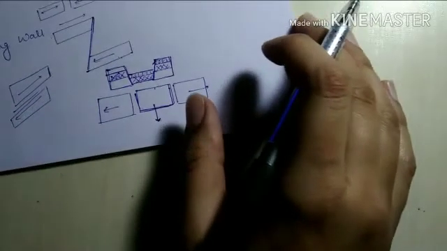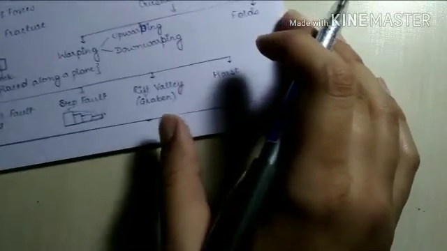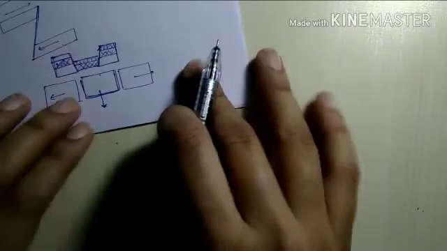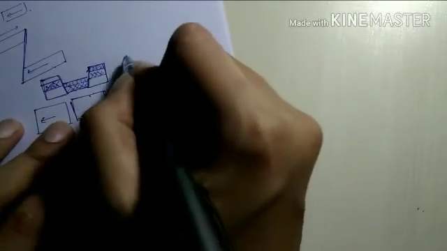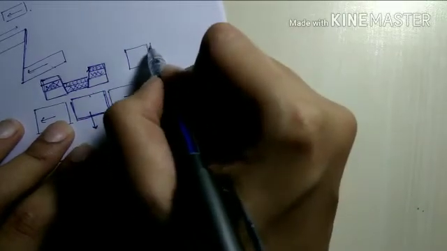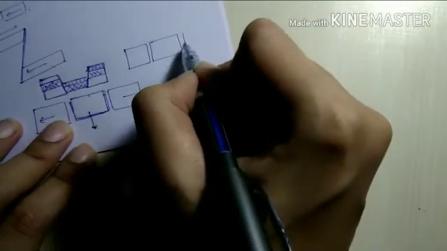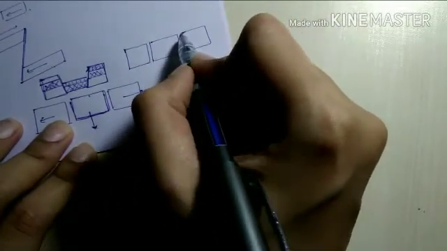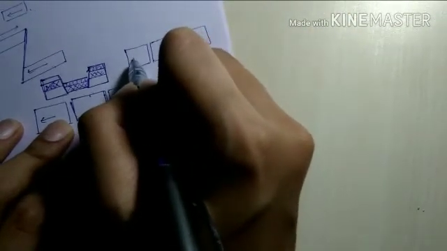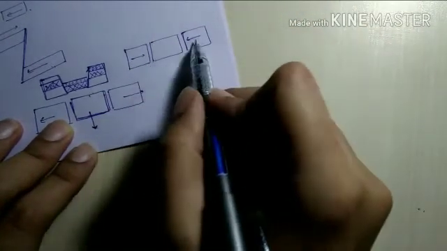Now next comes Block Mountain or Horst. Okay, so Block Mountain or Horst, there are three blocks again. The blocks present at the edges start coming close to each other. Okay, now this block is compressed.